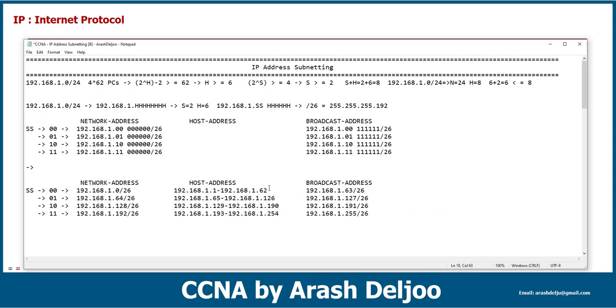Also, you know that all of them use /26, which is the mask of the subnetted networks. And this is our design. Now we have 4 networks, and in each network we have 62 addresses. This means that, for example, for room 1, we have 62 IP addresses starting from 192.168.1.1/26 to 192.168.1.62/26.